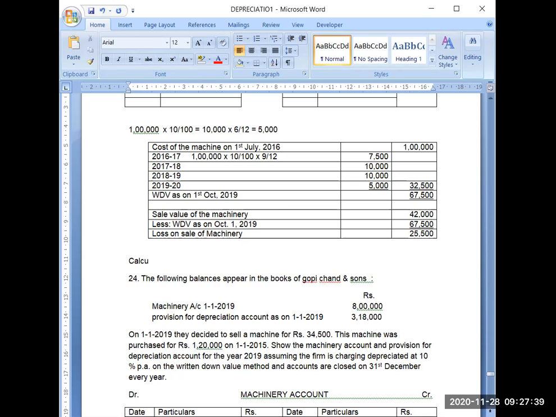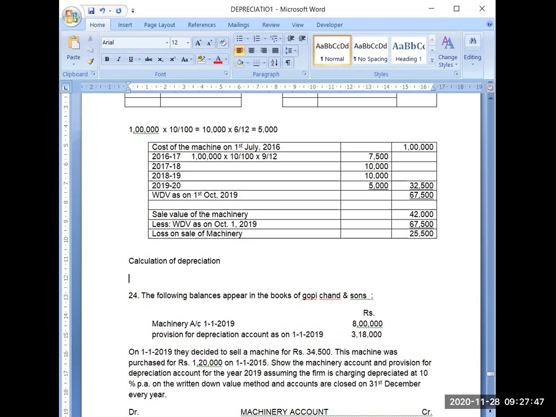You can show it here. Calculation of depreciation. So we will show that 5 lakh minus 1 lakh is the balance of the machinery account, that is 4 lakh, multiplied by 10%.